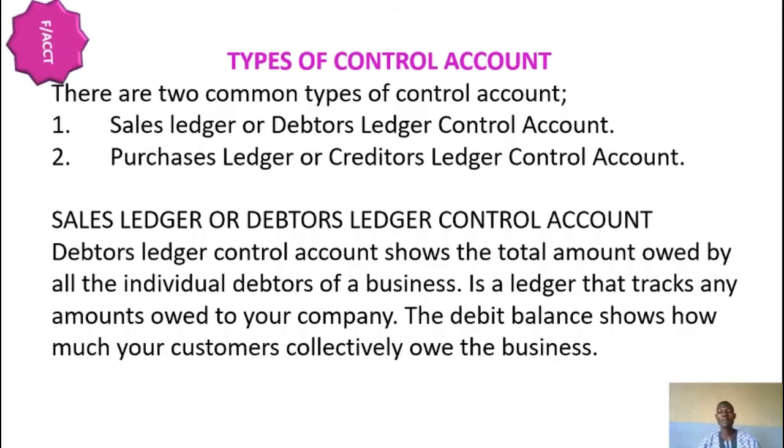So the debit balance shows how much your customers collectively owe the business. If I have customers like Igwe, John, Timothy, and the likes, what they collectively owe my business will represent the debtors balance for that particular period.